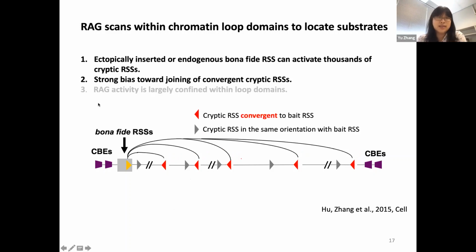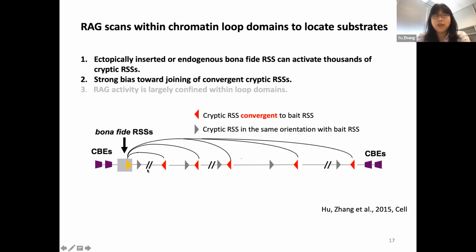And second, what we found is that there is a strong bias toward joining of convergent cryptic RSS that leads to deletional joining. So in this illustration, what you can see here is that the yellow one represents the bona fide RSS, and the red triangles denote the cryptic RSS convergent to the beta RSS, and the gray ones denote cryptic RSS in the same orientation as the beta RSS.